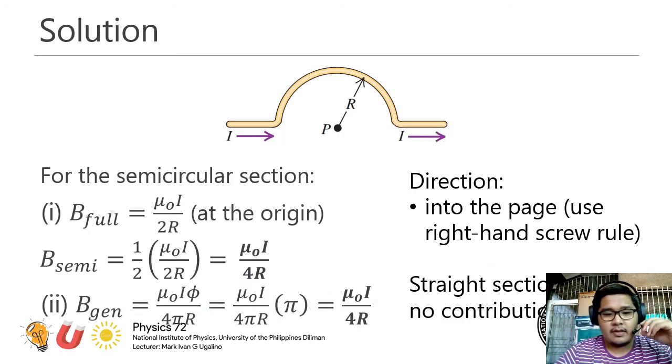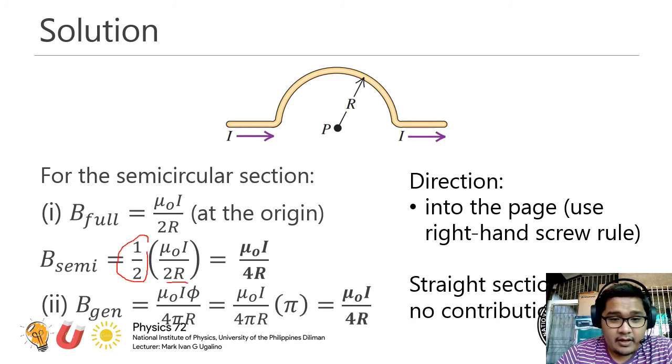So the magnetic field at the origin is just given by 1/2 mu naught I over 2r. Why is it 1/2? Because mu naught I over 2r is the contribution of a whole circle.